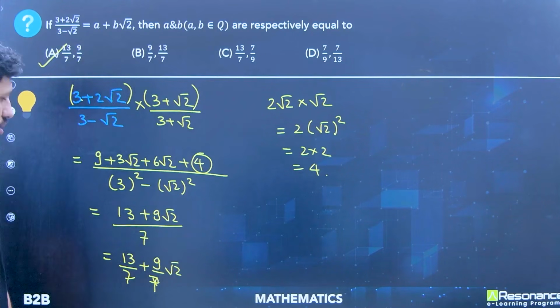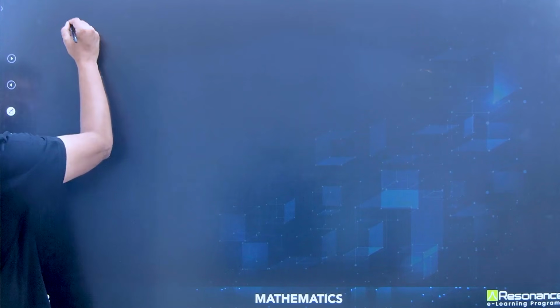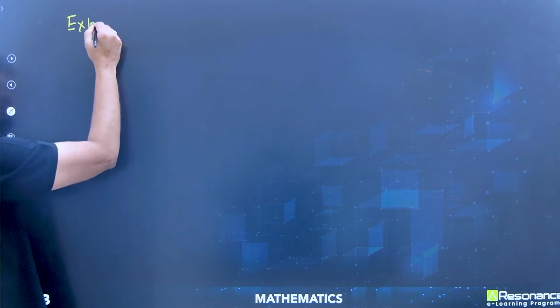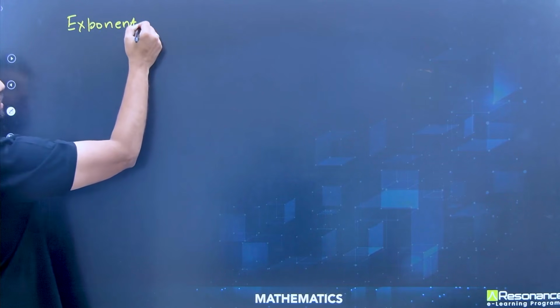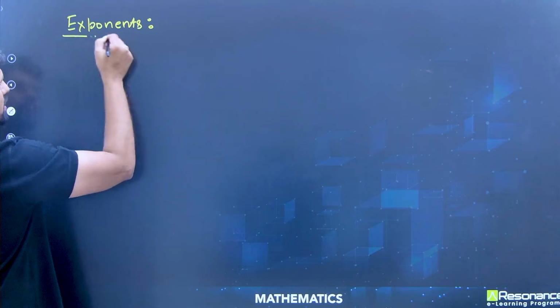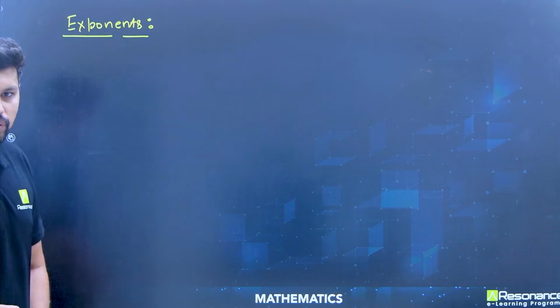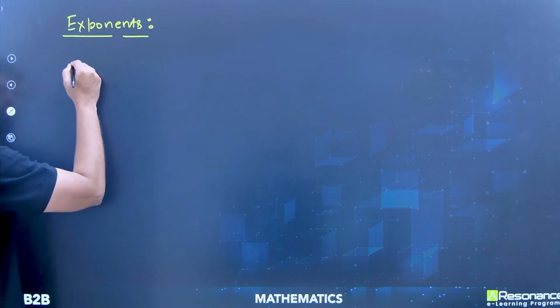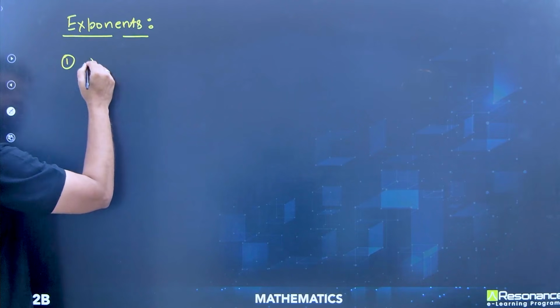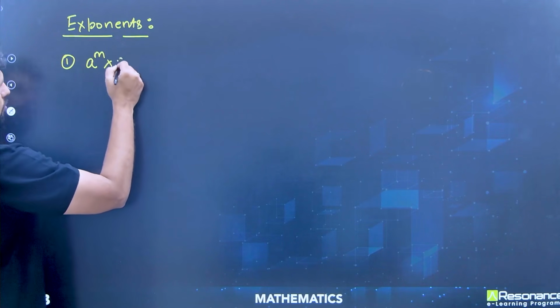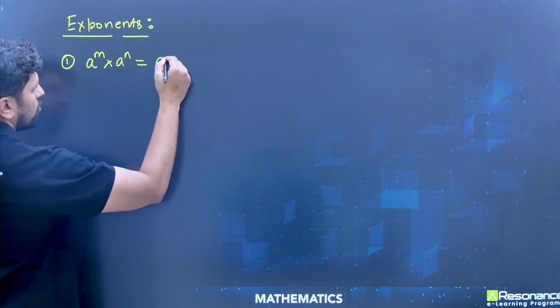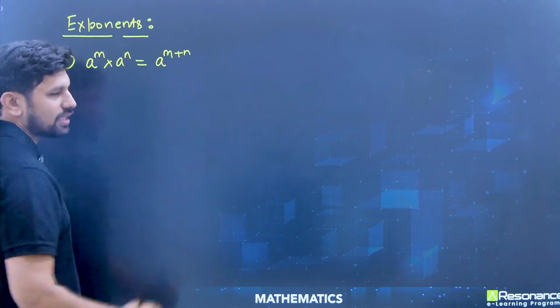Okay. So let's write some exponent properties. We have studied these in class 8, but we forget obviously. So see, first property is a to the power m into a to the power n is equal to a to the power m plus n.